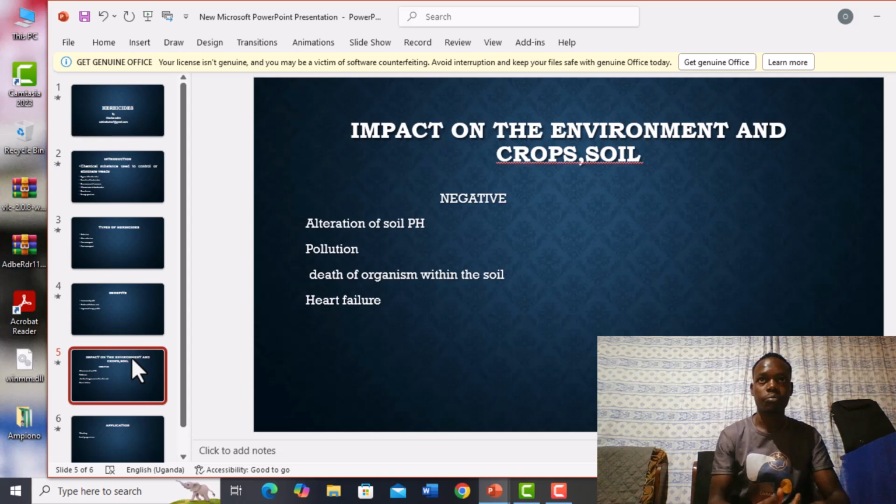They kill them, and these organisms within the soil are also responsible for aeration and the breakdown of organic materials, like decomposition. They are very useful in decomposition. Examples of these organisms are the termites. You know, they can kill the termites as well, and these are very essential components during decomposition.